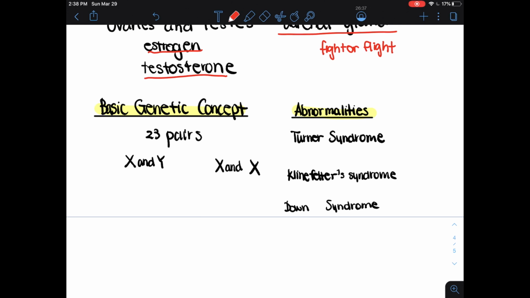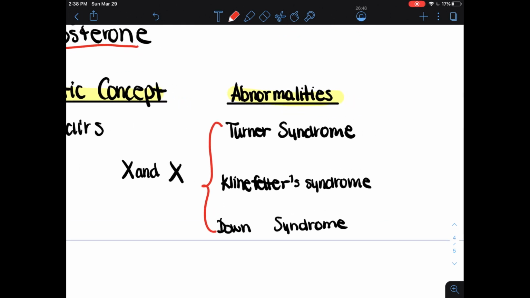So for men, you have an X chromosome and a Y chromosome, and then for women, it's X and X. And then there are 3 types of abnormalities. For example, the first one is Turner syndrome. For Turner syndrome, you have a single X chromosome. This will lead to shortness, webbed necks, and different sexual development.